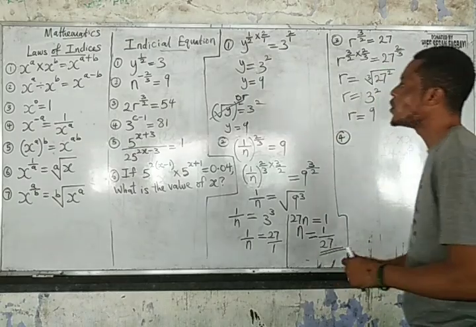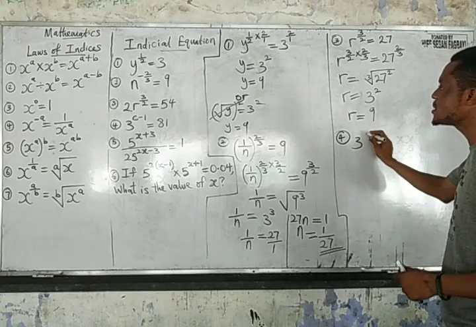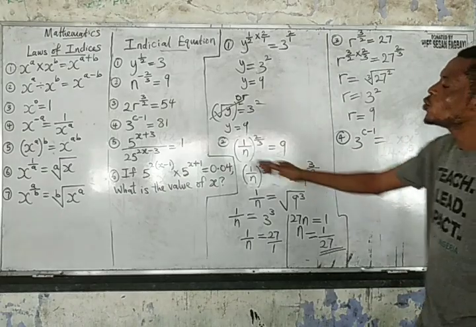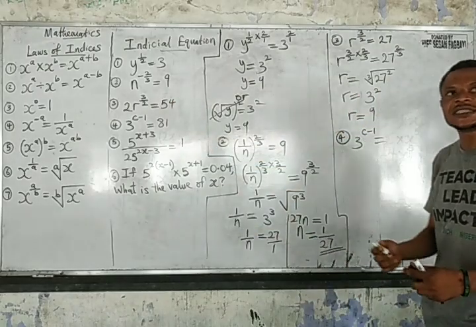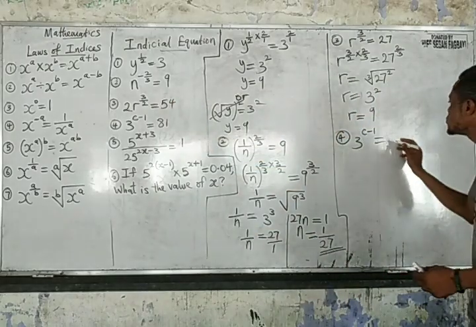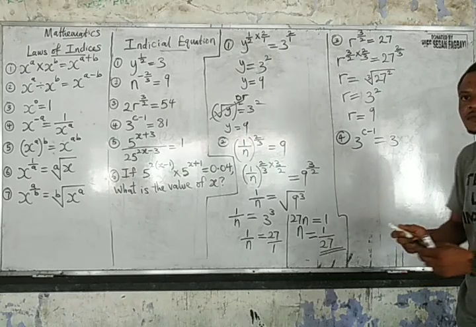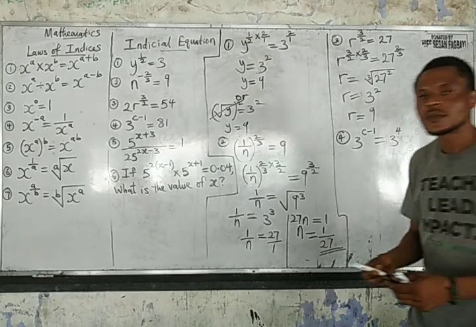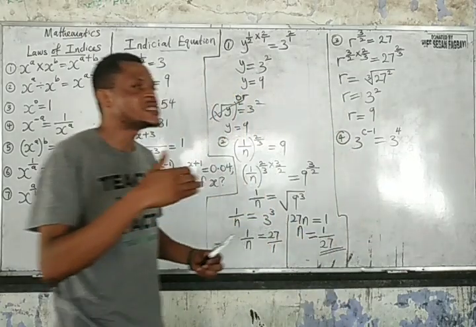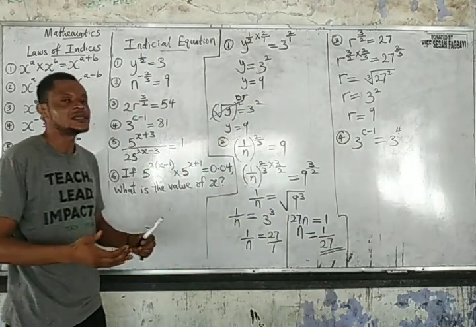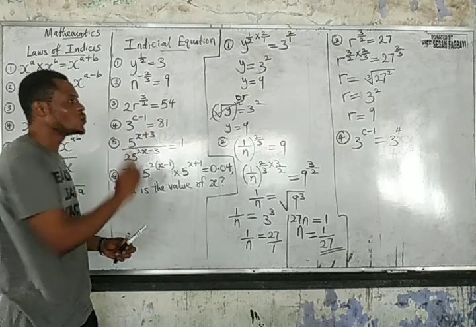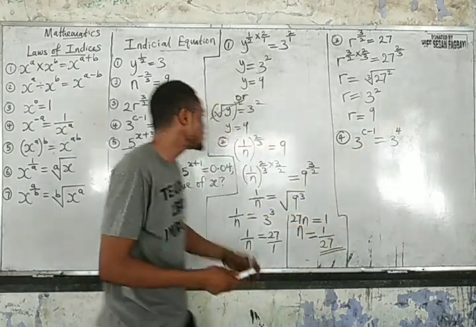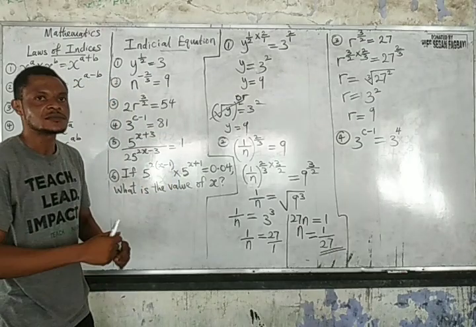For question number 4, we already have our 3 raised to power c minus 1. So we want to index the 81. So this will give us 3 raised to the power of 4, because by the time you multiply 27 by 3, we are going to have 81. So 3 raised to power 4 is still the same thing as 81.